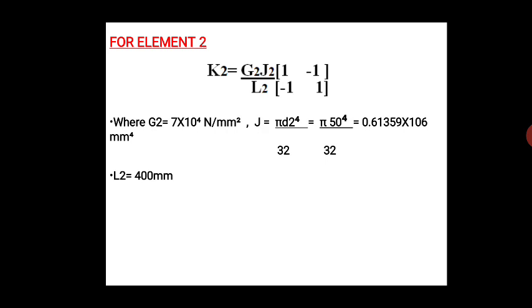So we have J is equal to 0.16359 into 10 raised 6 mm to the power of 4, and L2 is equal to 400 mm.